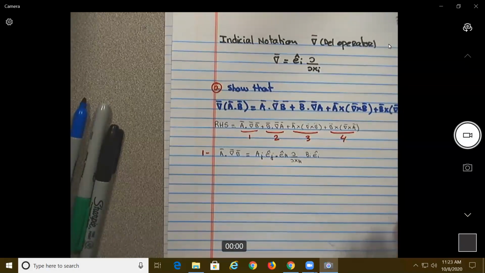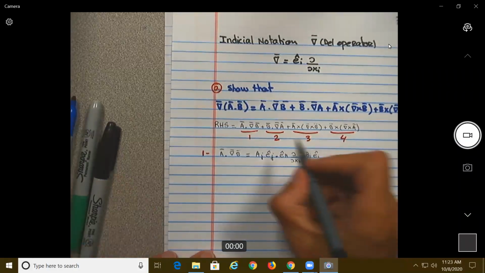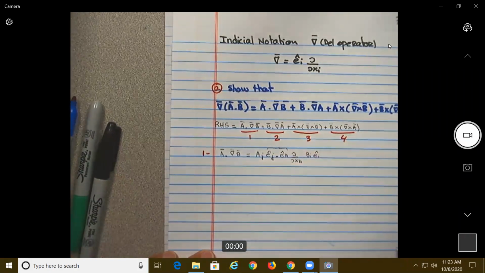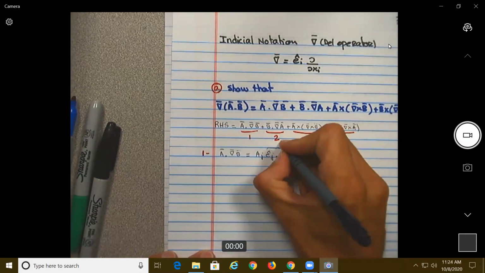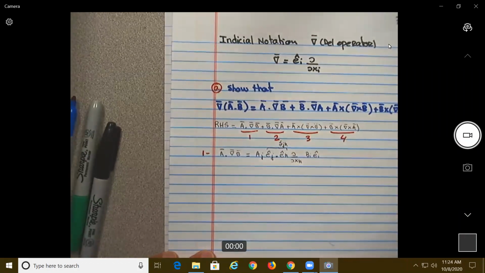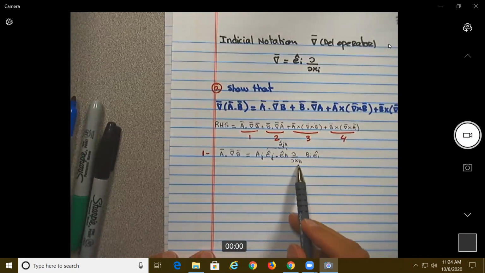Then I use this notation. If you want, we can use a different notation. Over here, what happened is that we know this term will be equal to the Kronecker delta, delta jk. So this implies what? This is only valid when k is equal to j.